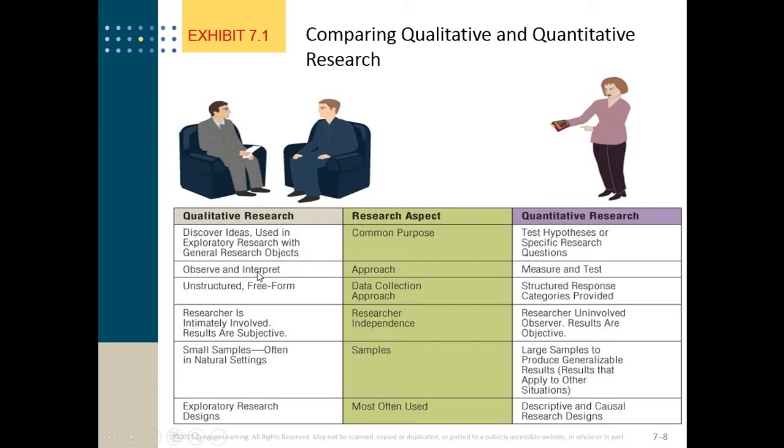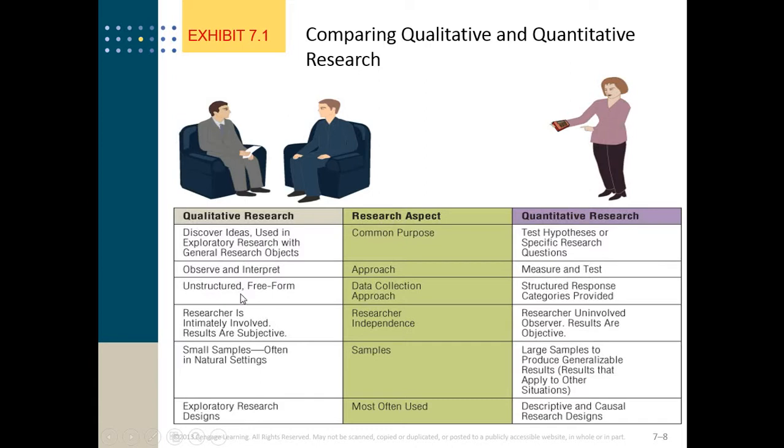Qualitative research observes and interprets, so it provides a more detailed interpretation on the basis of observation of the researcher. And quantitative research does not observe, it measures. It measures if there is a difference, it measures if there is a relationship, it measures if there is a significant association between two variables, and then they test it.